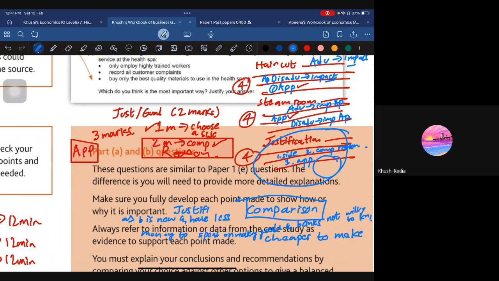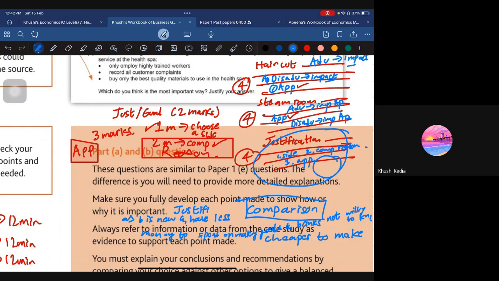So selling, let's suppose, a steam room service which requires more cost is not suitable compared to haircut, which does not require that much cost, and banks are not willing. Even if they were willing, there will be an additional cost that they will have to pay, which is the interest. So you see, yes, sir, the point seems to be very simple in your advantage with a chain, but it becomes a whole lot of a comparison thing in your evaluation.